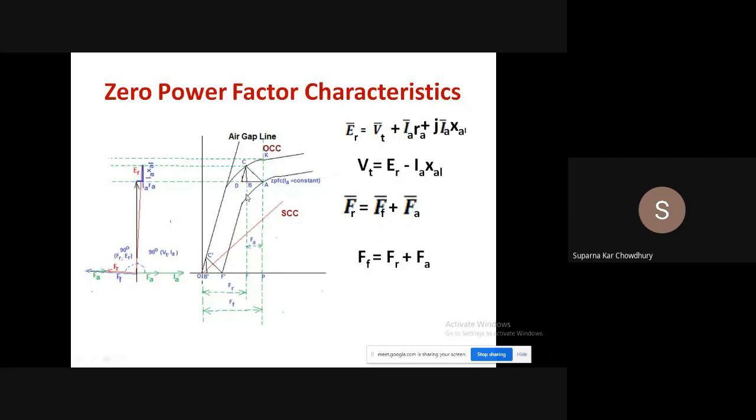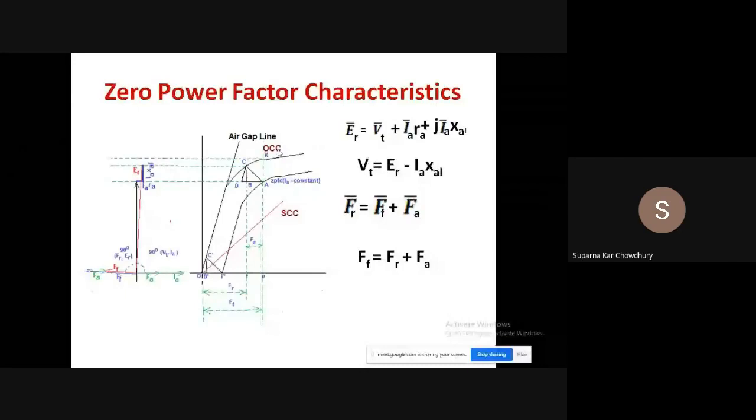So from this point, we draw a horizontal line corresponding to this terminal voltage Vt. One thing we assume is that OCC is the plot between the terminal voltage and the field current under open circuit condition. Now ER, which is the air gap voltage, is not a measurable quantity under loaded condition.